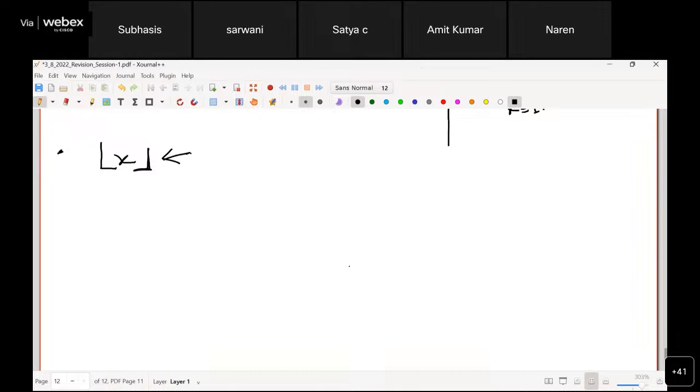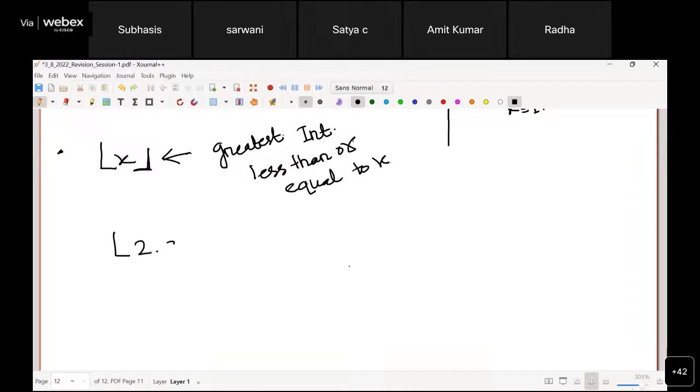So if I take 2.3, what will be the value? It's 2, right? 2 is the greatest integer which is less than or equal to 2.3.